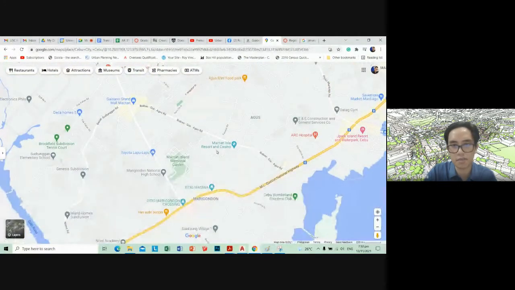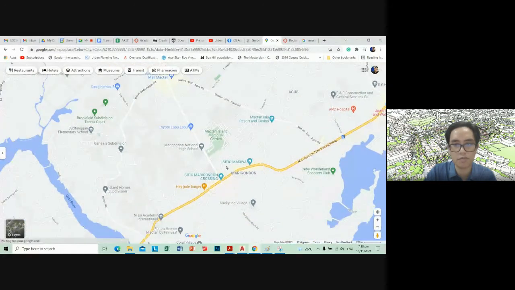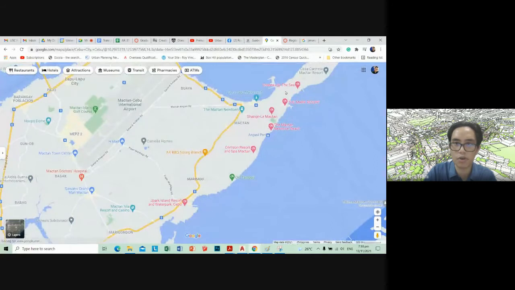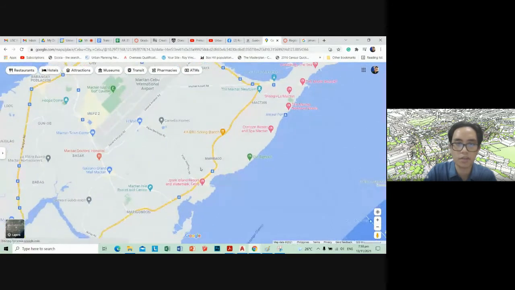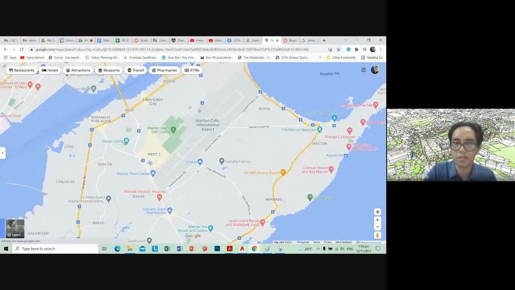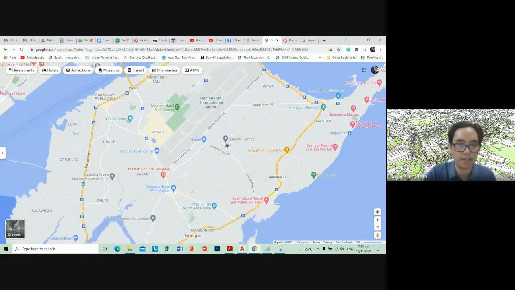So you can see this development is subdivisions, and then you can see the row of hotels over here. I think airports are classified as industrial zones, or is it institutional zones or commercial? I need to clarify that.